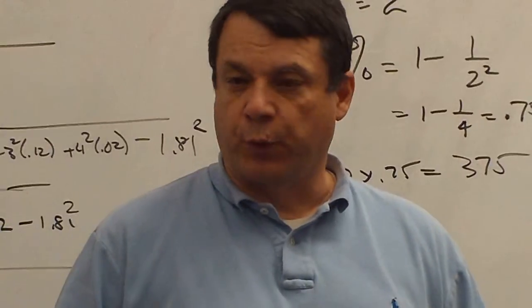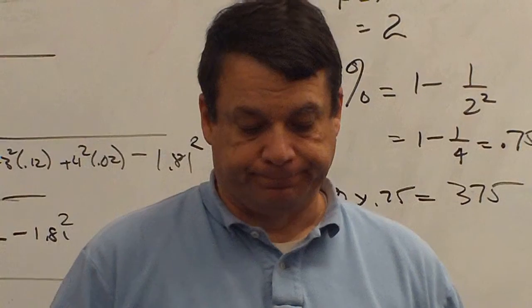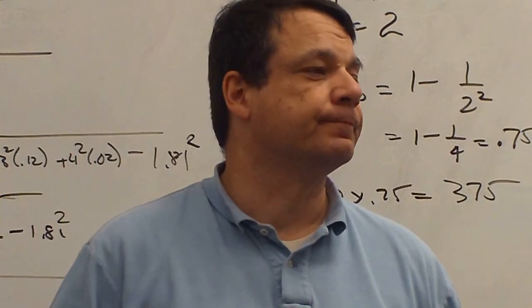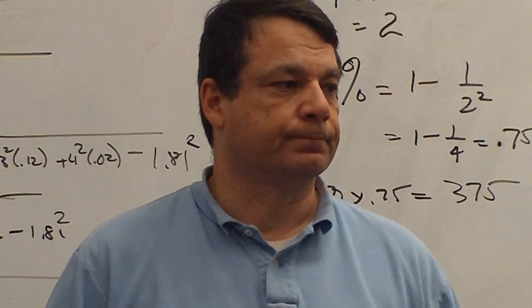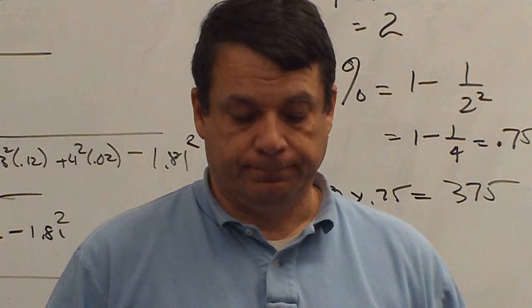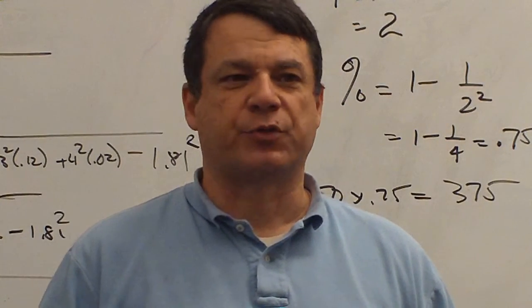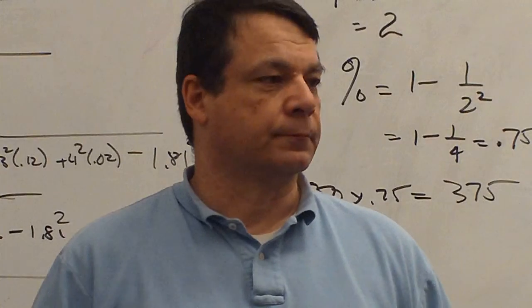Number 11. Suppose 90% of Columbus State students purchase textbooks during the first week of the quarter. If 20 students are randomly selected, how many would you expect to purchase their books during the first week of the quarter? Is this a binomial experiment? It is.